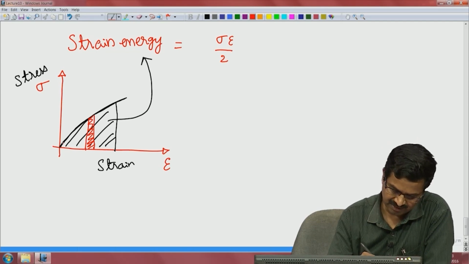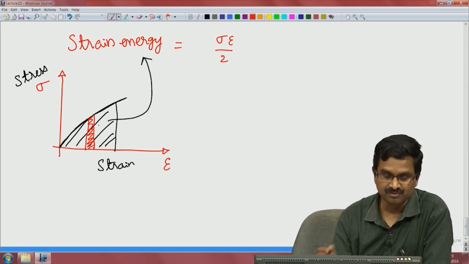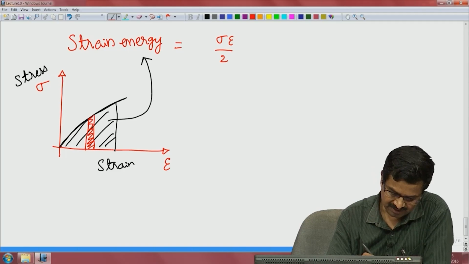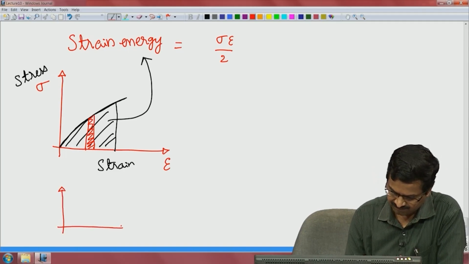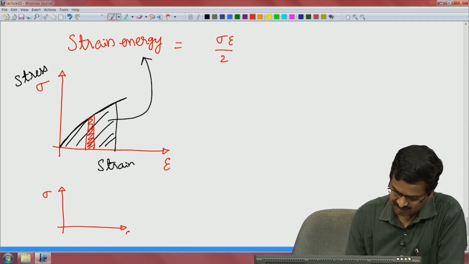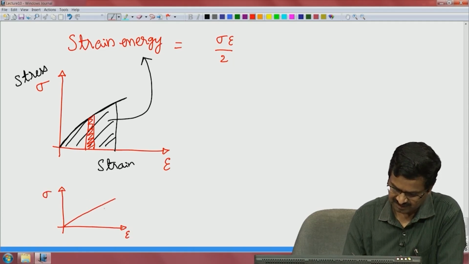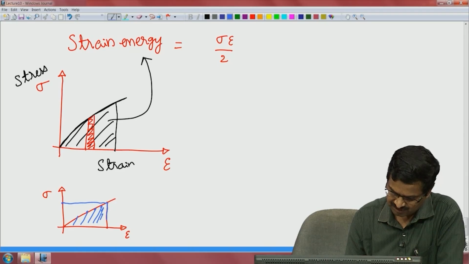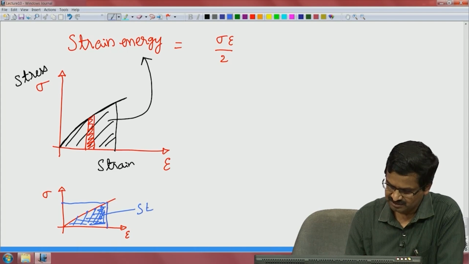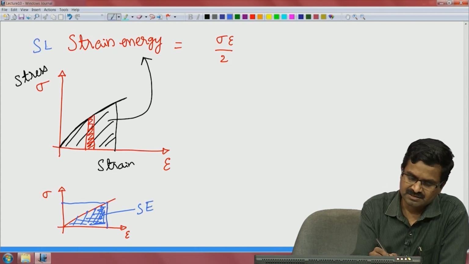Instead of accumulating for the nonlinear one, let us do it for the linear case. I have sigma epsilon, and the area under this anywhere is going to be whatever sigma is there at that point, whatever epsilon at that point, half of that. This is my strain energy, area under the curve, this is S E.